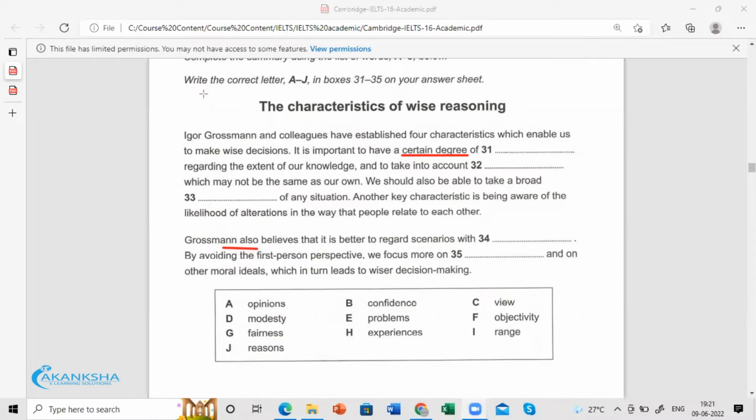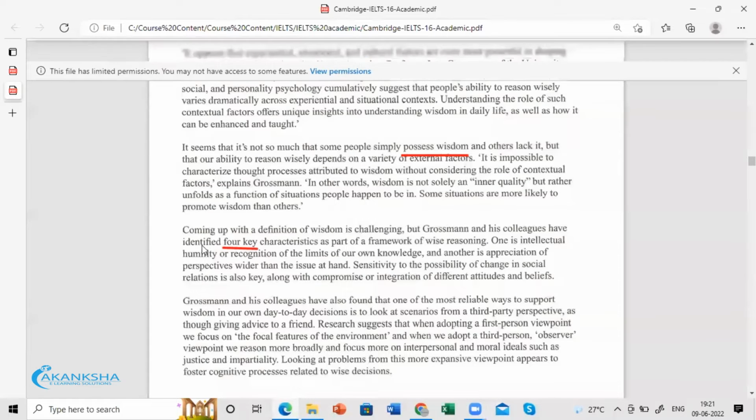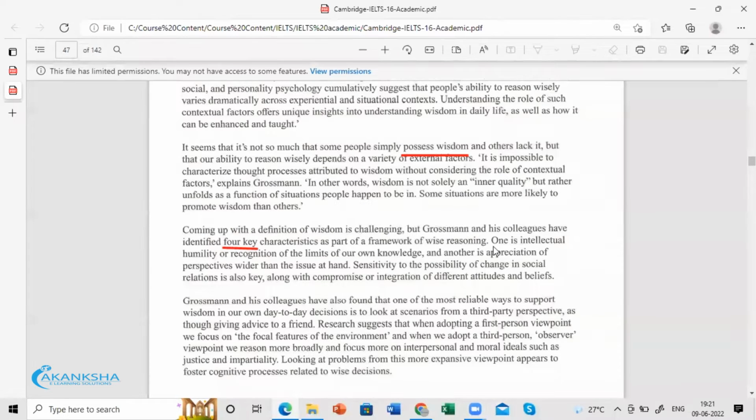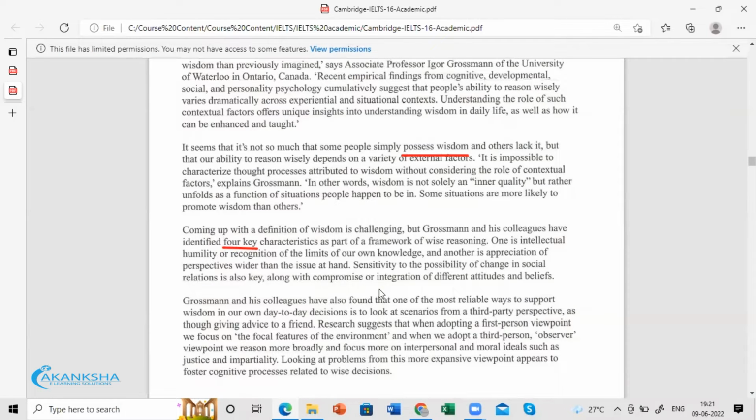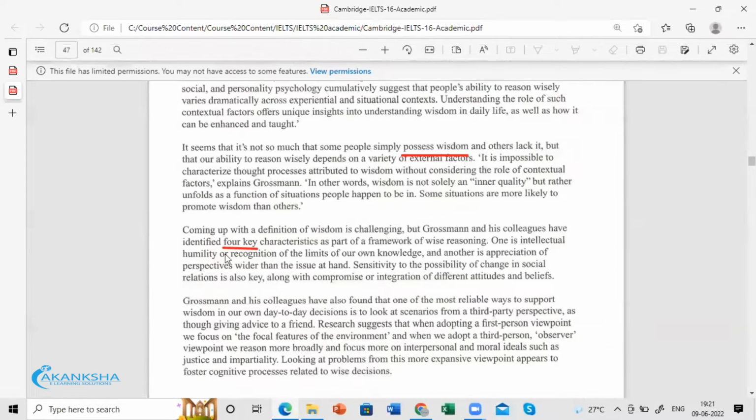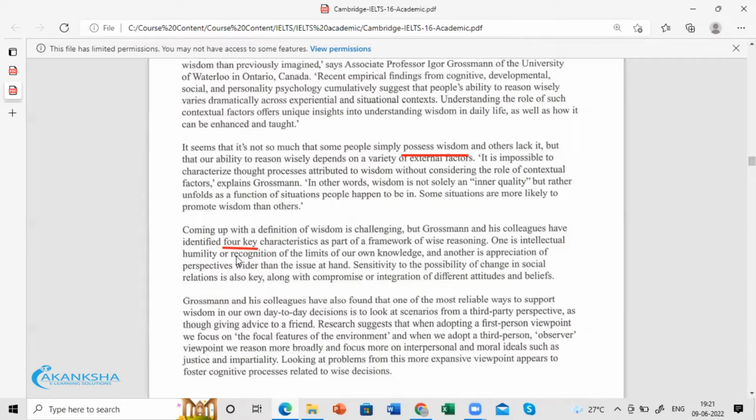So what is the synonym of certain degree which we can find in the next sentence? That we have to identify here. Right. One is intellectual humility or recognition of the limits of our own knowledge.